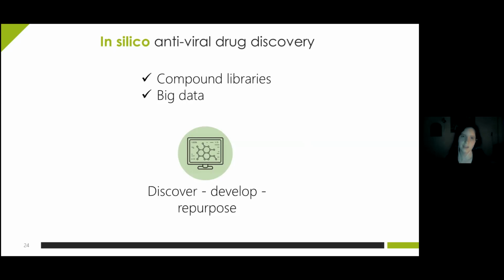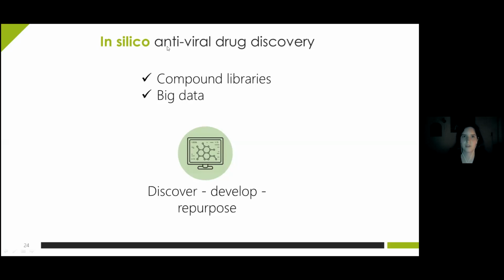And as I mentioned before, big data in the form of already existing compounds or natural compounds that can be screened for the discovery of novel inhibitors. This can be done only through in silico approaches. The range and the grade of the data size itself is unforgiving when it comes to traditional approaches.